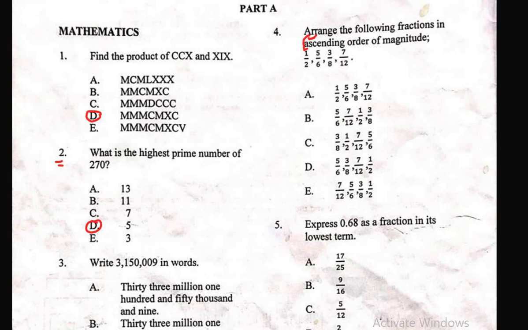But if you look at the fractions in question 4, we have 1 over 2, 5 out of 6, 3 out of 8, and 7 out of 12. They don't really have anything in common. So we need to create something in common among them. To do that, we need to take the LCM of the denominators, and the denominators for question 4 are 2, 6, 8, and 12.